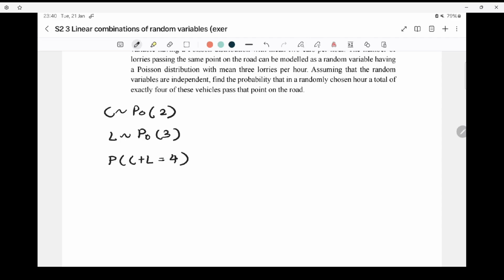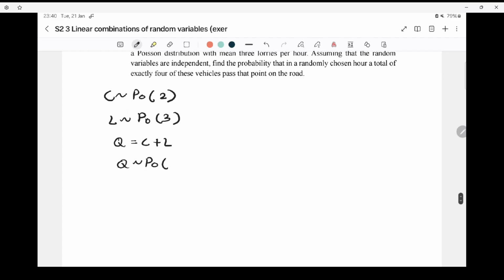Let's rename this as Q equals C plus L, and Q is distributed by a Poisson distribution. Basically its mean is just 5, because we know that E(Q) will be equal to E(C) plus E(L), which is the sum, 5.